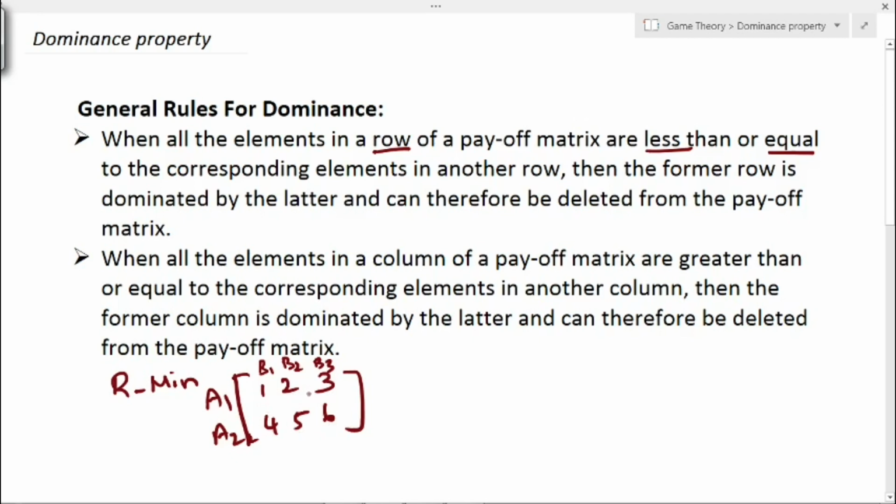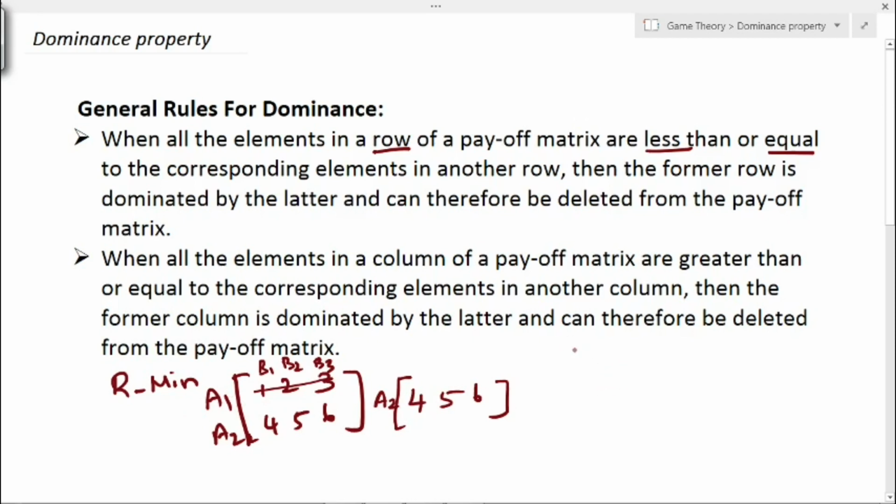So we have to delete the lesser row. Lesser row means the first row, so we delete this. The reduced matrix will become 4, 5, 6, that is strategy A2.